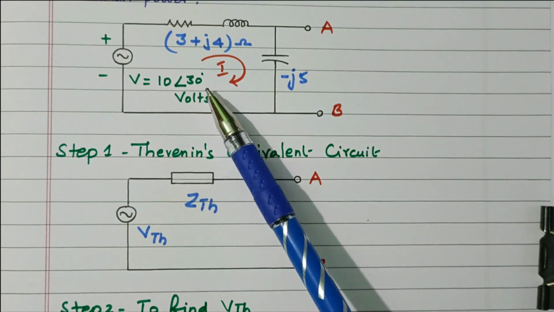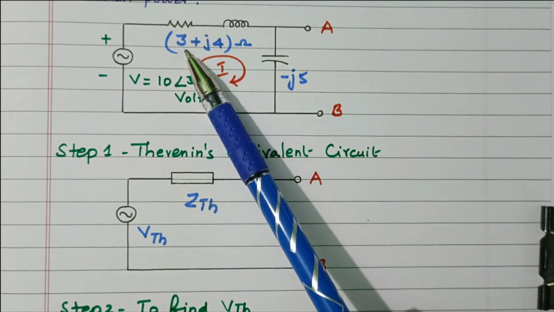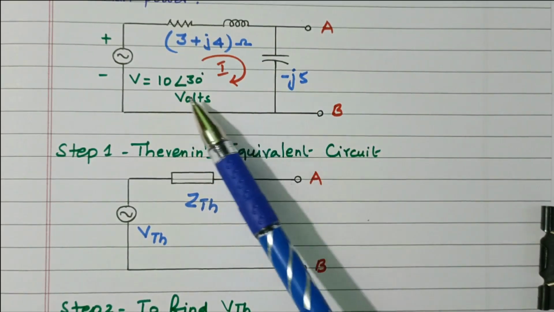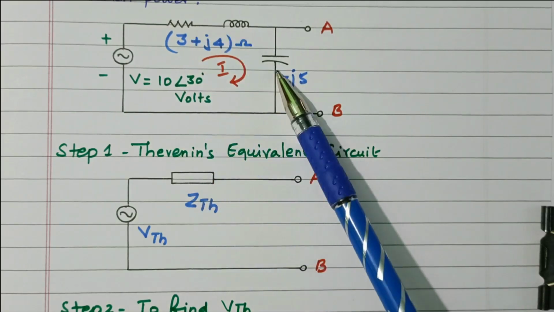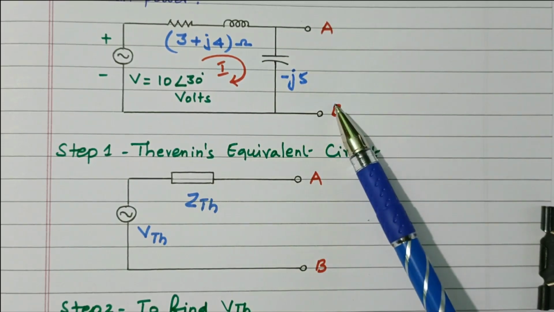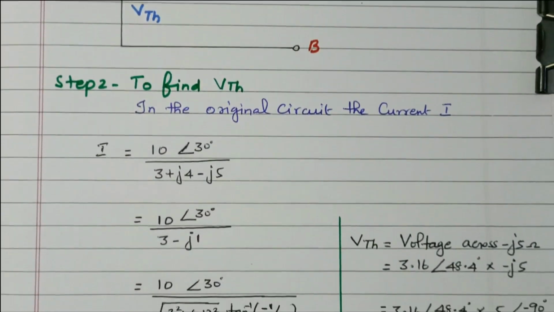Divided by the impedance, so we need to add all of these, because the resistor, inductor and capacitor are connected in series. So V divided by the impedance will give the current, and the current into the capacitor impedance will give V Thevenin, or V AB. Now we'll find the V Thevenin value.